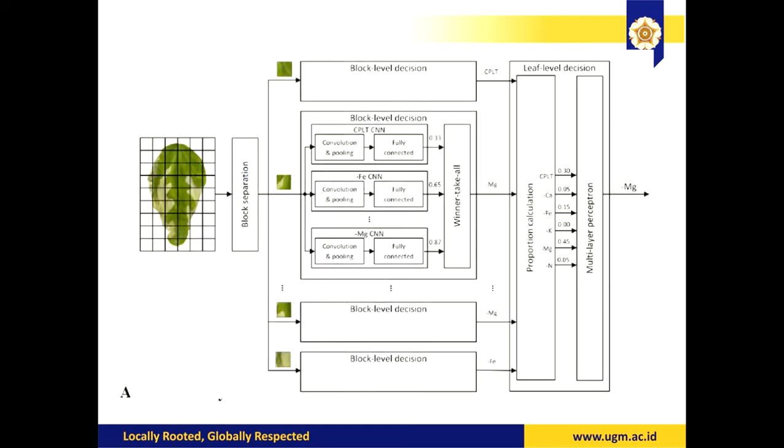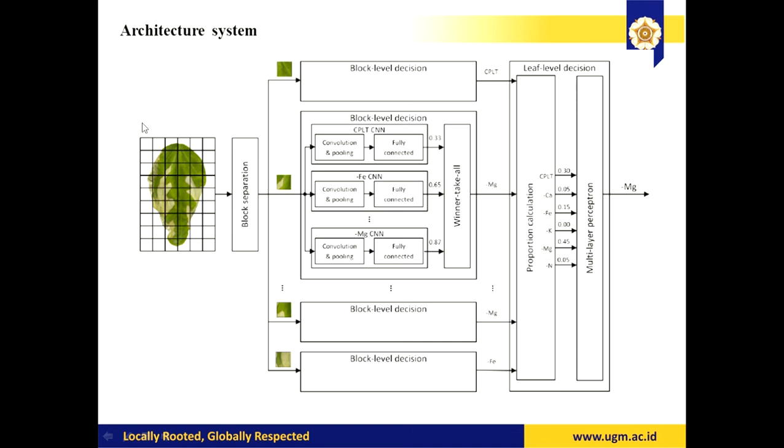This is the architecture of the CNN that is used in the system. We can see that this is an input image. Each block will be separated like this.